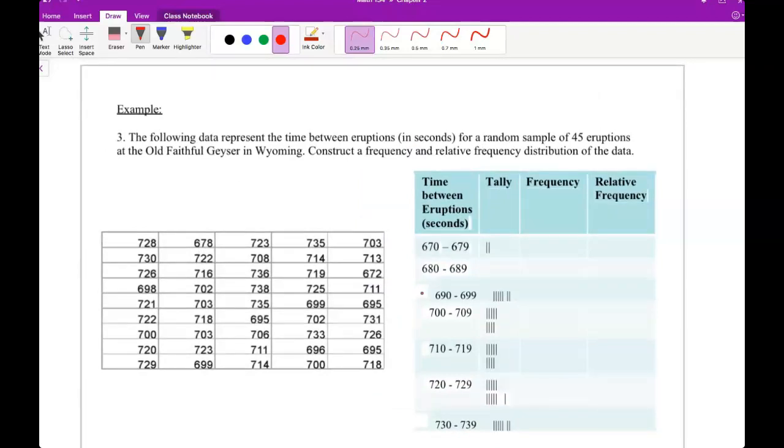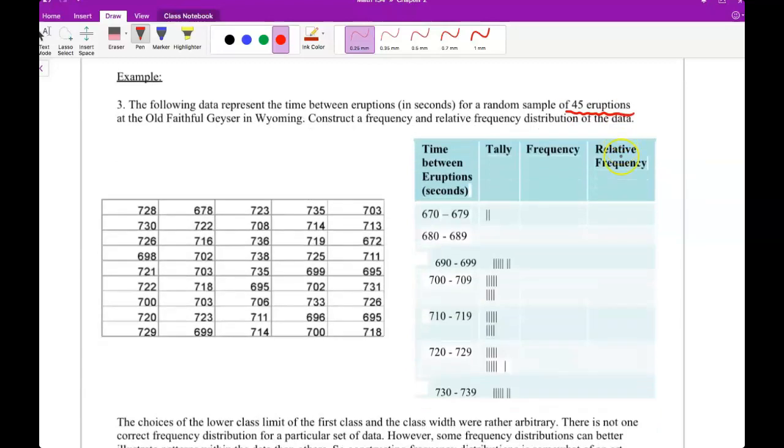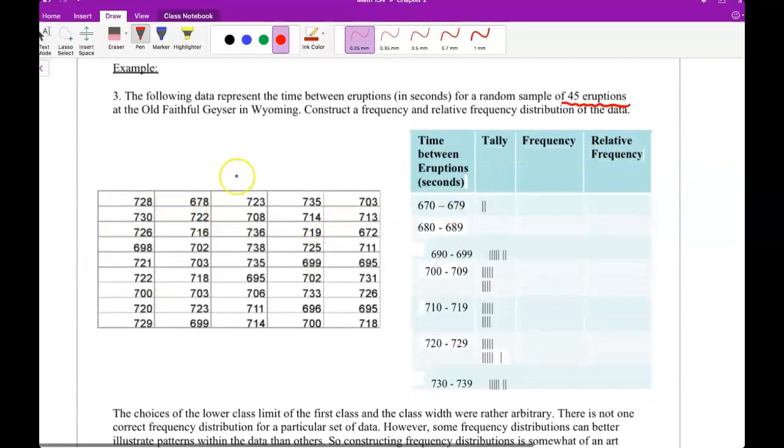Example number 3. The following data represent the time between eruptions, in seconds, for a random sample of 45 eruptions. We should construct a frequency and relative frequency distribution of the data. So this is what we have here on this table, and here we have time between eruptions.